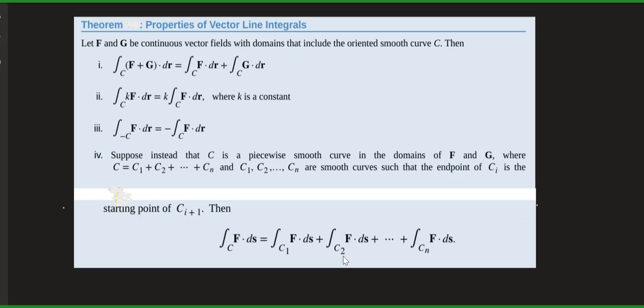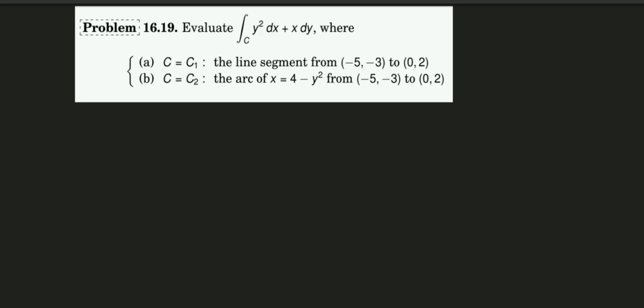Let's go to the example. We want to evaluate the integral of y squared dx plus x dy, where first C equals C1, the line segment from this point to 0, 2.